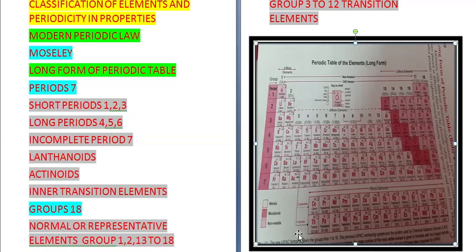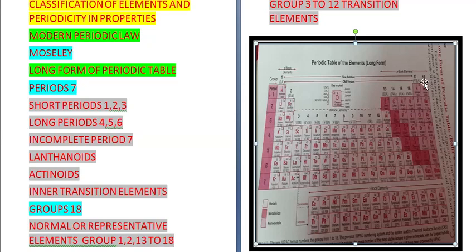Next we come to groups. So there are a total of 18 groups. Groups are these vertical columns which you can see in the periodic table. Now according to IUPAC, the groups are numbered from 1 to 18. Earlier they were named as 1A, 2A, 3B, 4B, 5B and so on.